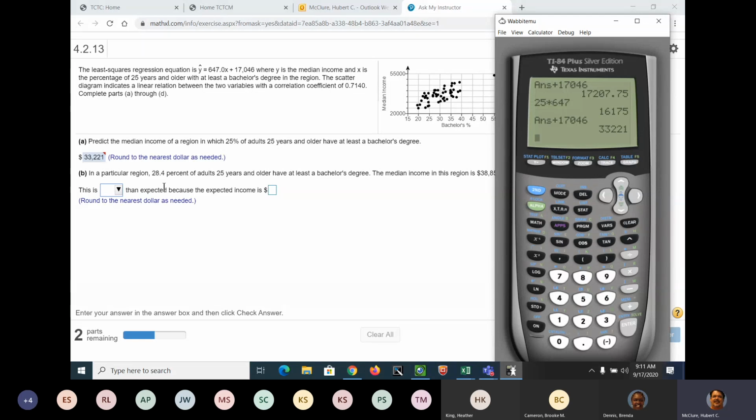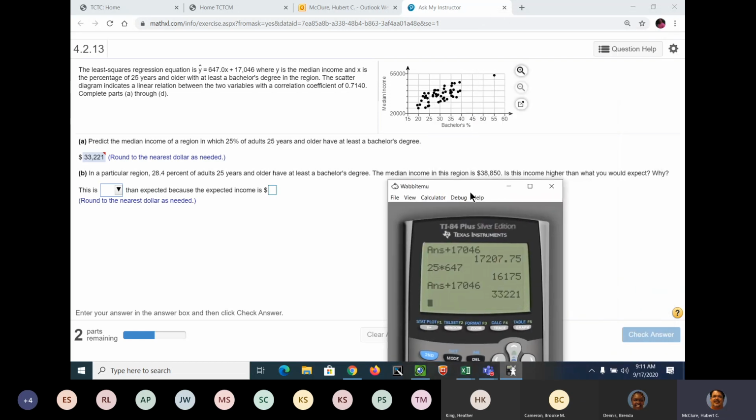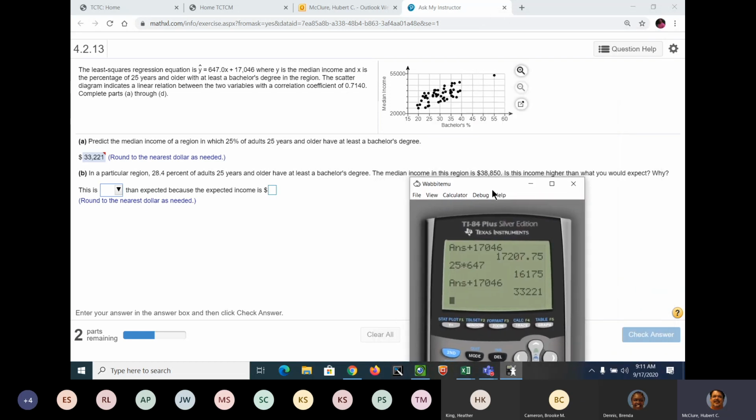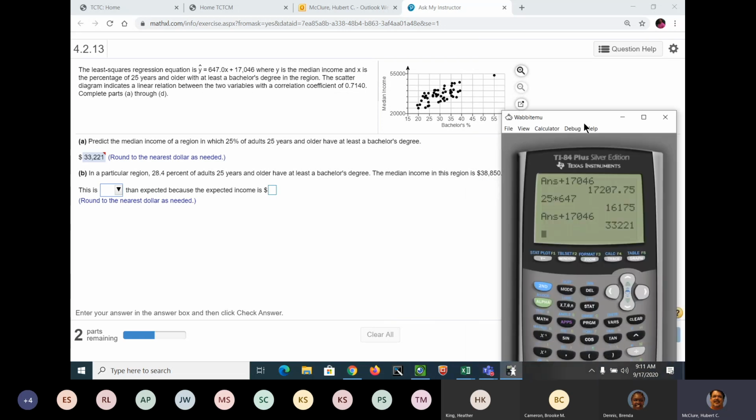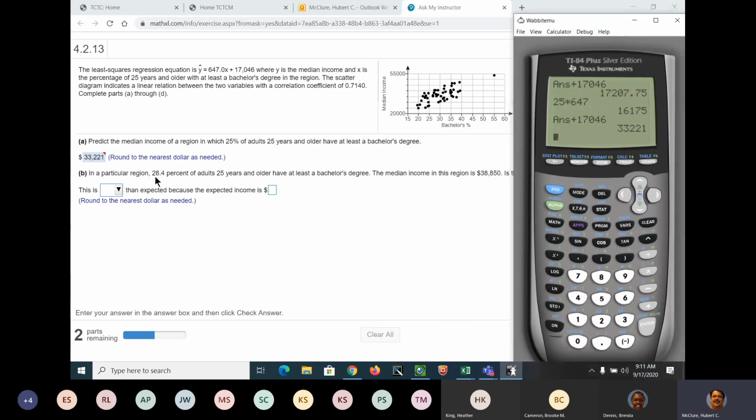In a particular region, 28.4% of adults 25 years or older have at least a bachelor's degree. The median income in this region is $38,850. Is this income higher than you would expect? Okay, then type in 28.4 now.